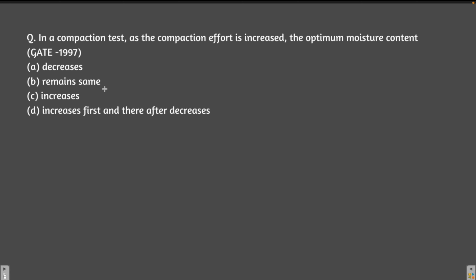In a compaction test, as the compaction effort is increased, what happens to the optimum moisture content? So here is the diagram. Just now I have explained with the help of a diagram. This was a standard Proctor test and this was the modified Proctor test.